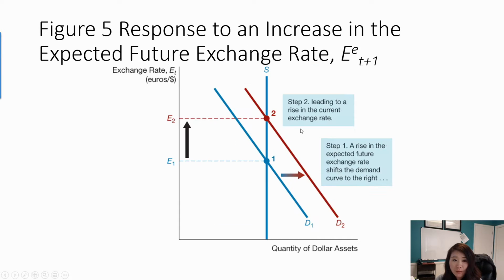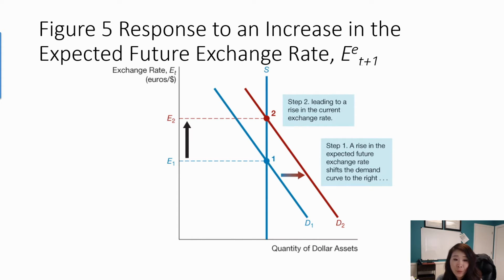Look at the third one, called the expected future exchange rate. If you're expecting the U.S. dollar to become more valuable in the future, your current action will be to buy more U.S. assets, right? Because if you buy $10 and you know the exchange rate will go up in the next few months, this asset will become more valuable.